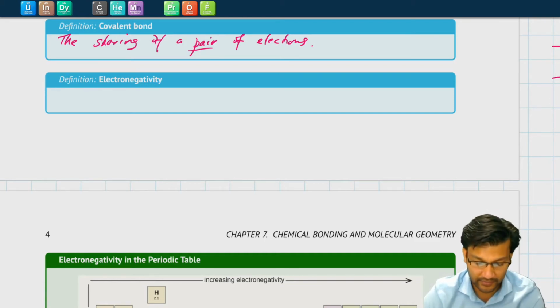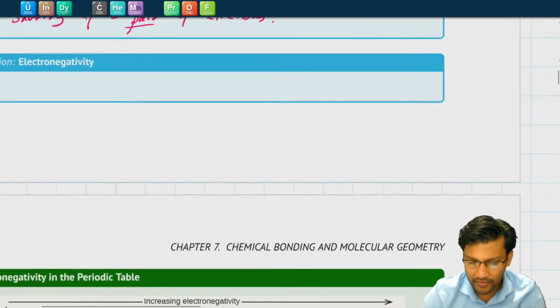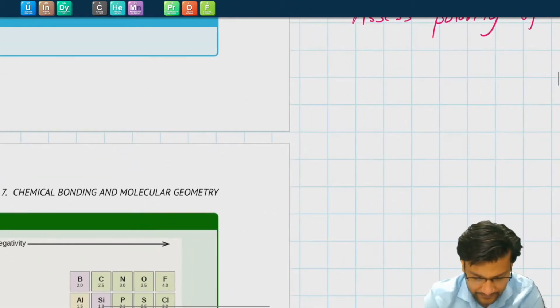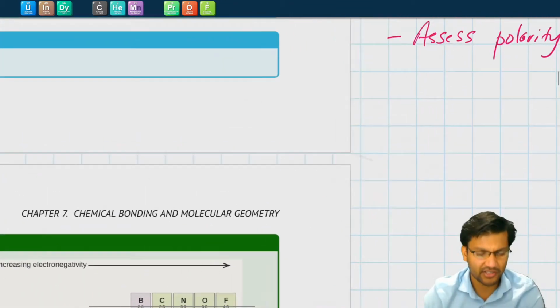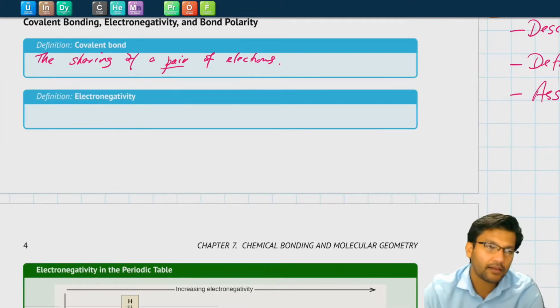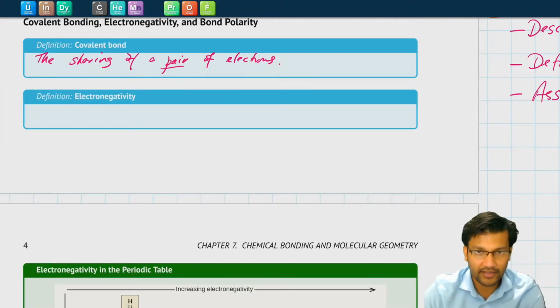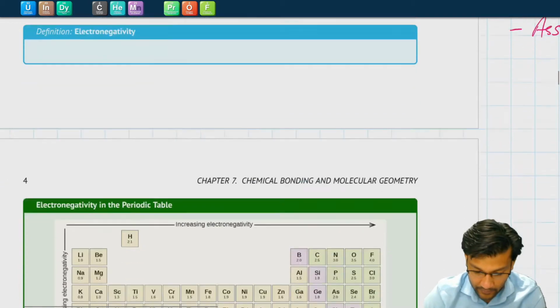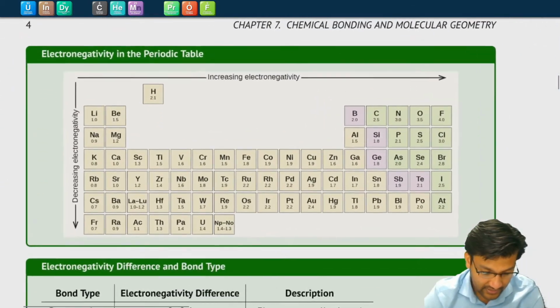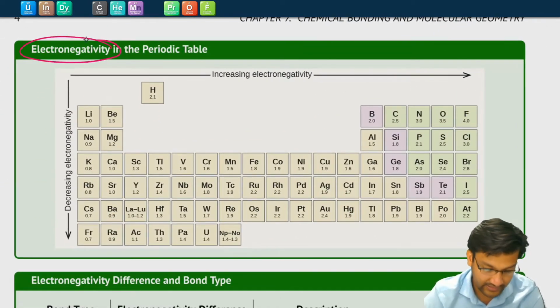So you might imagine they might share electrons unequally. Sure, that's true, but how do we determine how unequal or equal two elements might want to share some electrons? To understand that, we need to look at the idea of electronegativity.